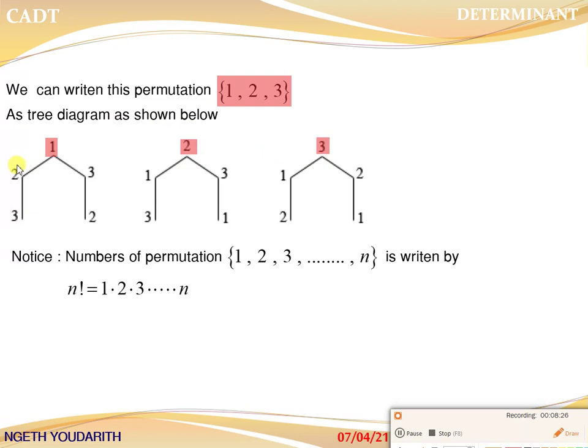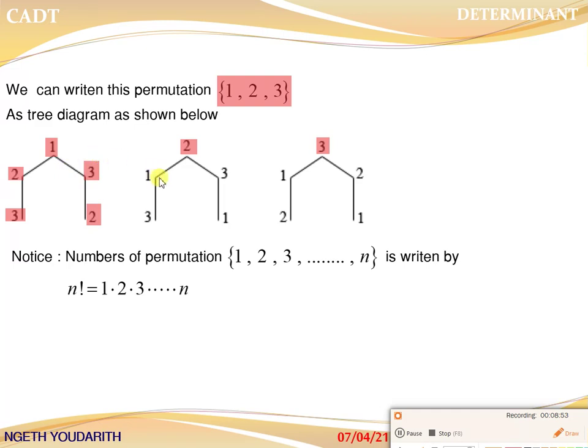Then for this one you have 1, 2 and 3, but for this branch you have only number 1, so you have remaining number 2 and number 3. This one is number 1, number 2, so you leave off number 3. This one is number 1, number 3, so you leave off number 2.